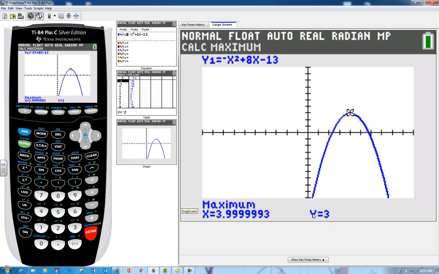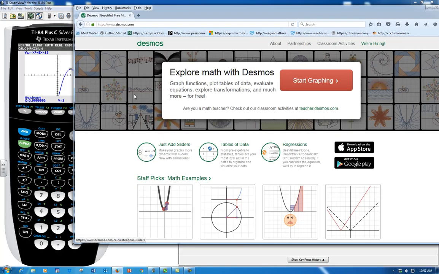I also want to show you what your options are if you don't have a calculator. There is an online calculator called Desmos.com, so just type in www.desmos.com. You can click Start Graphing. And then you just type in what you have there.